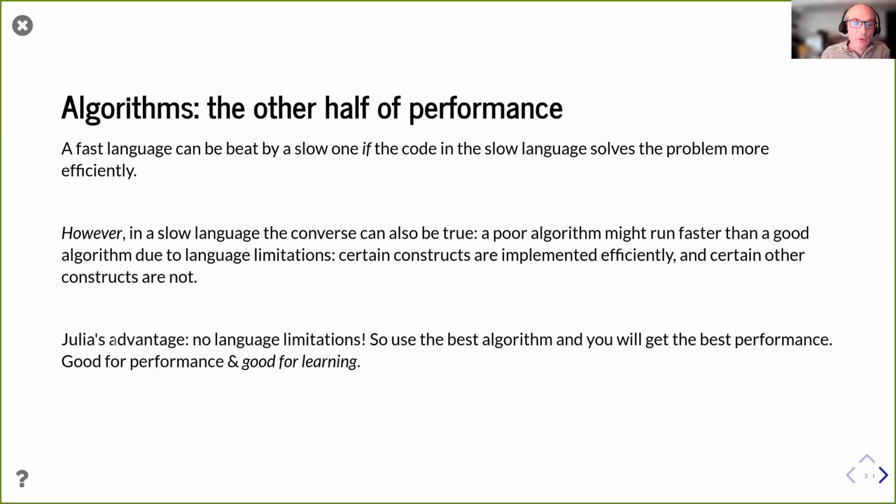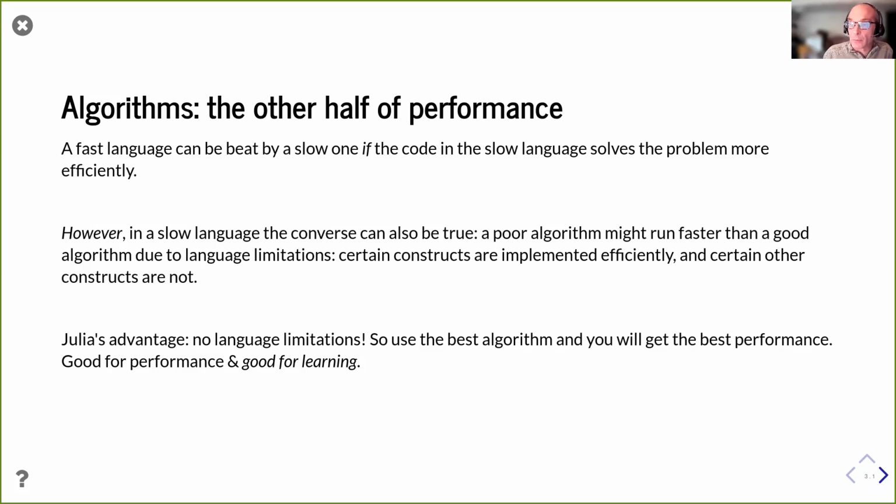The advantage of learning about algorithms by using Julia is that because it can be compiled to efficient machine code, it really allows you to focus on the core aspects of algorithms themselves. So, in general, with Julia, if you choose the best algorithm to solve the job, you will get the best performance. That is not true of all other programming languages that are widely used in scientific computing.